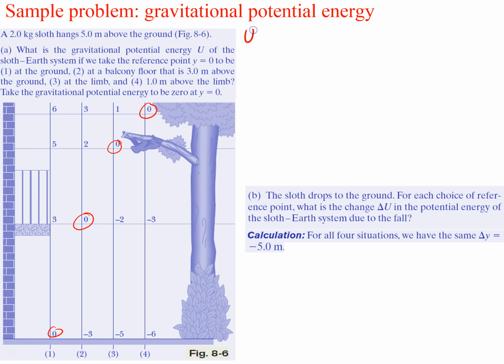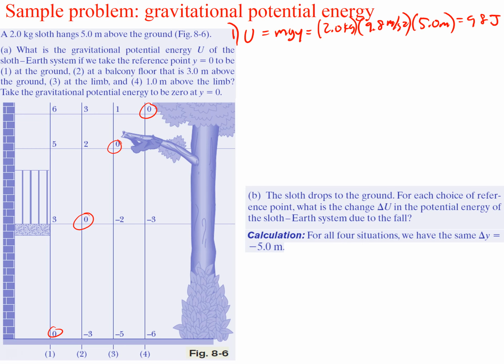So we know that gravitational potential, and I'll say this is 1, is equal to mgy, which is going to be 2.0 kilograms times 9.8 meters per second squared, times our y, which is 5.0 meters in this case. So this is going to be equal to 98 joules.